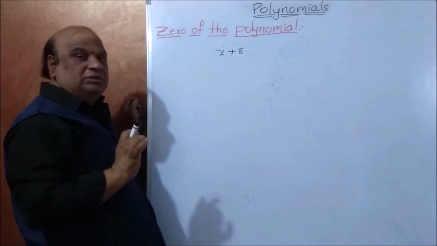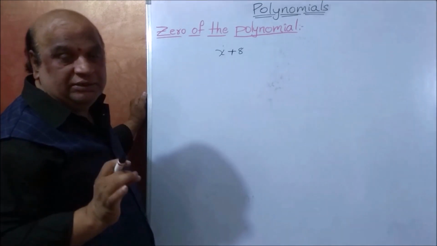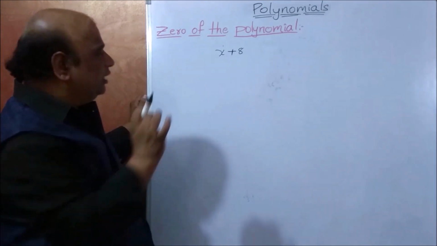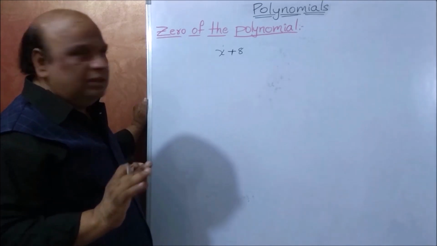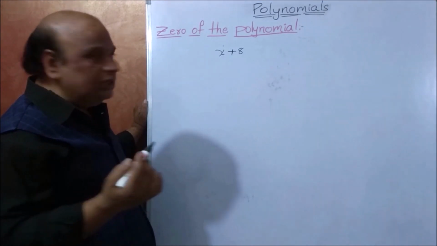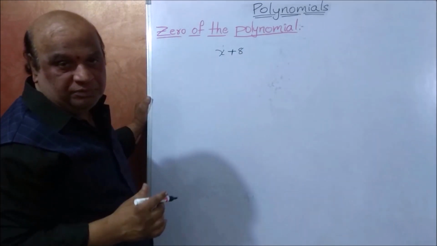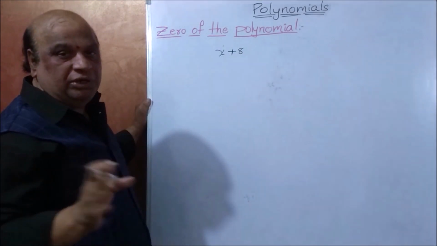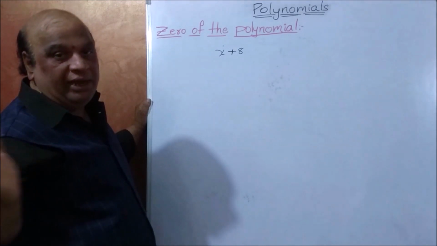Now, the question is, what is the zero of x plus 8? What is the zero of the given polynomial x plus 8? It is nothing but the value of x at which this polynomial becomes 0. Suppose I substitute x equal to 1: 1 plus 8 is equal to 9.